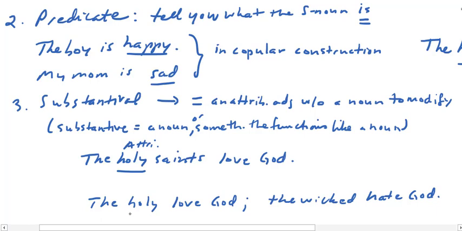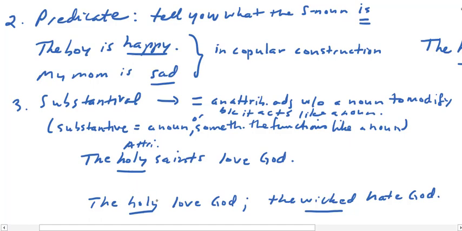The holy and wicked. Okay? These are adjectives, and a substantival adjective is an attributive adjective without a noun to modify. Why? Because the adjective acts like a noun. Okay?